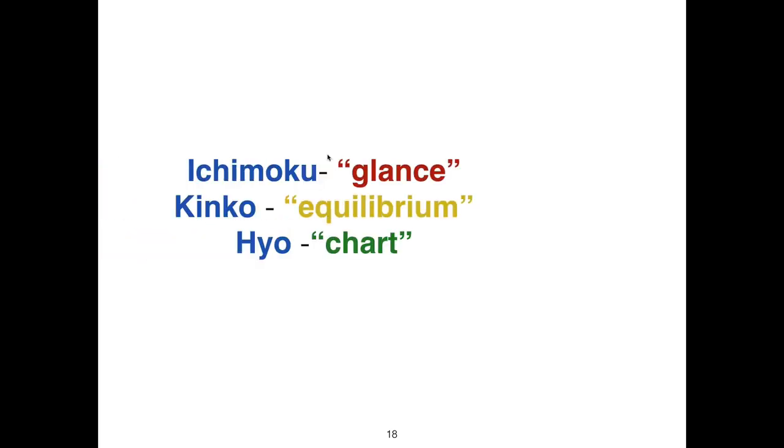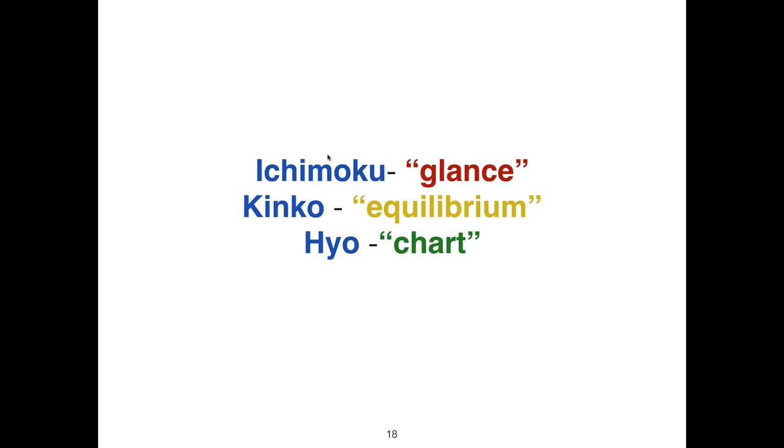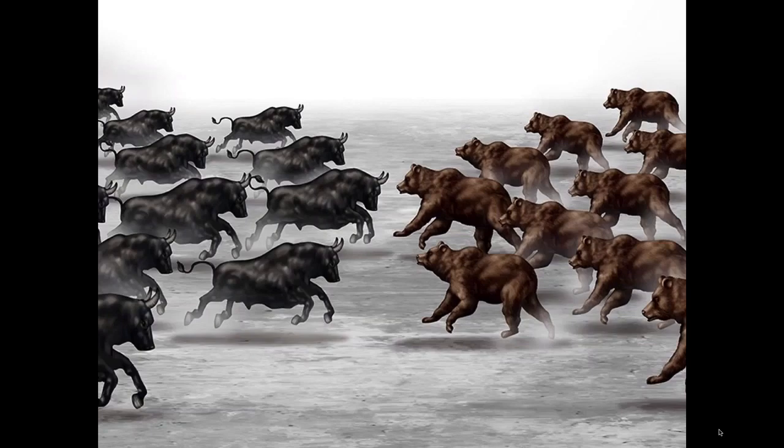Ichimoku translates to one glance equilibrium chart. Ichimoku means glance, Kinko means equilibrium, and Hyo means chart. Ichimoku answers the following questions. First, what is the market sentiment? Is the market bullish or is it bearish?